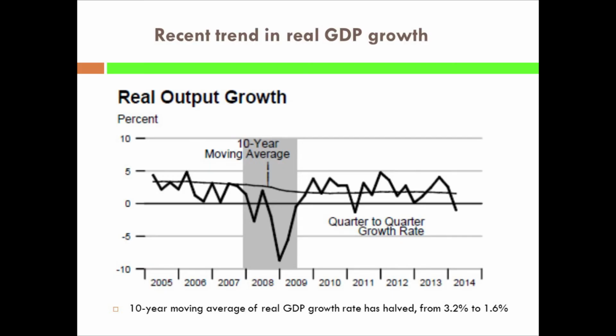In 2005, the 10-year moving average, that was from 1995 to 2005. So that's what a moving average is: you average over the 10 years, and then you move the sample forward when you get to the next year. We're now down to 1.6% for the last 10 years. Not very good. Sure, that includes the recession of 2007 to 2009. But if you had a brisk recovery, then you'd recover that, and we haven't recovered that.